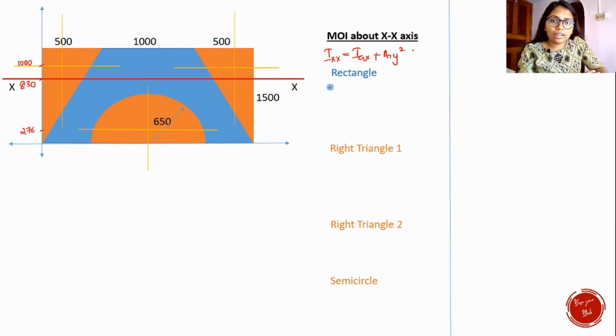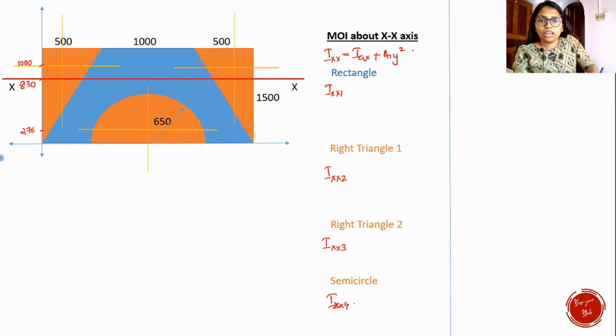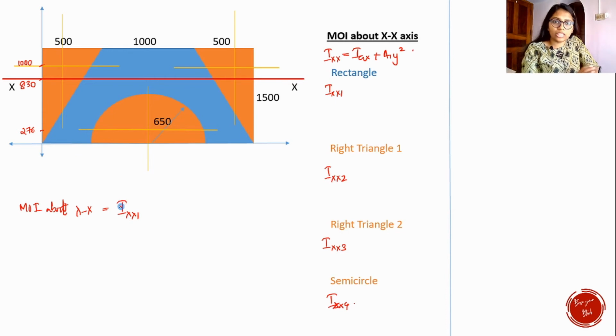That means for rectangle we will have Ixx1, for right triangle 1 it is Ixx2, for right triangle 2 it is Ixx3, last figure it is Ixx4, and the net moment of inertia about x-axis is Ixx1, which is the moment of inertia of the rectangle about x-axis, minus Ixx2 minus Ixx3 minus Ixx4, because we get the blue color portion only when we reduce or remove all the other shapes, I mean two rectangles, two right triangles and semicircle out of the rectangle, isn't it? So this is the expression.